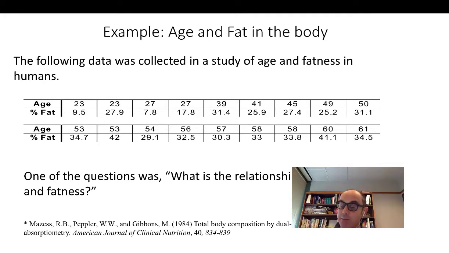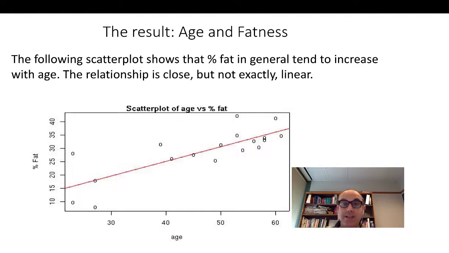Bivariate is the examination of two variables. As this data indicates, as we get older, we become fatter, in a direct or straight relationship.